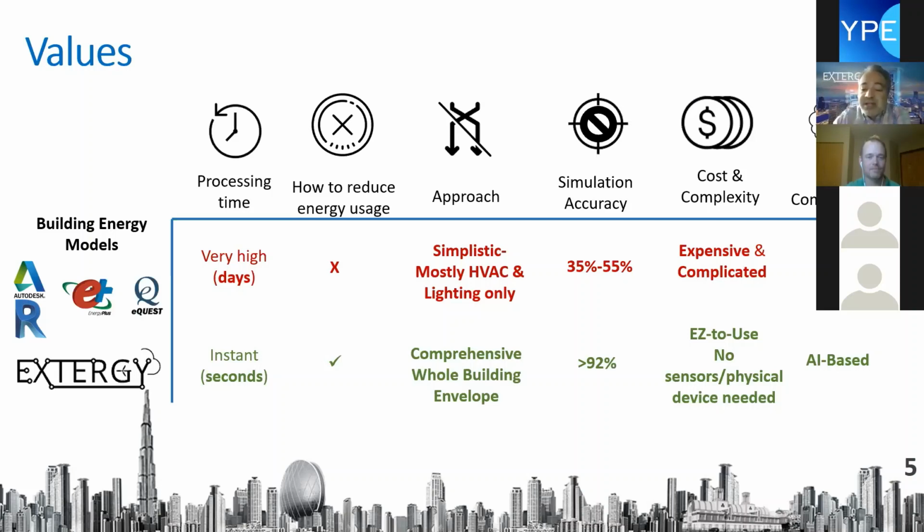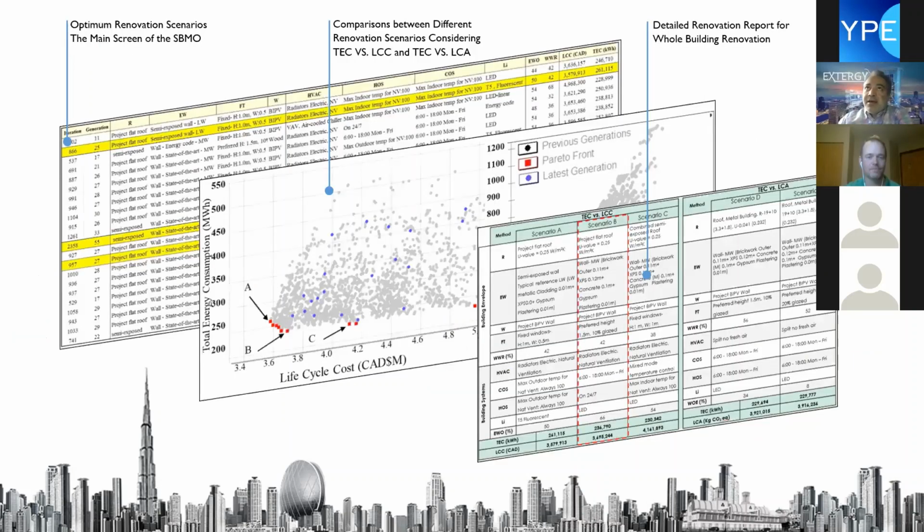The accuracy is more than 90%, which is huge, because we are using a benchmarking system, and we benchmark a detailed energy-modeled building. So we use that benchmark system to increase the accuracy. As far as we know, this is the only AI-based model that considers the whole building envelope. I'm not talking about models like the Nest, which considers the HVAC system. Only we are considering all the components.